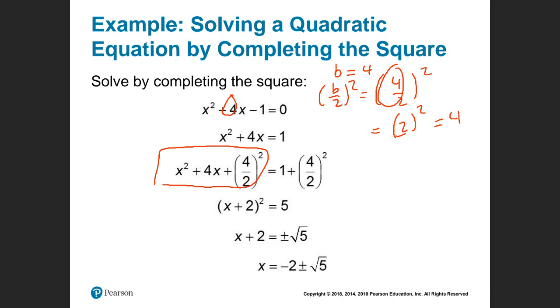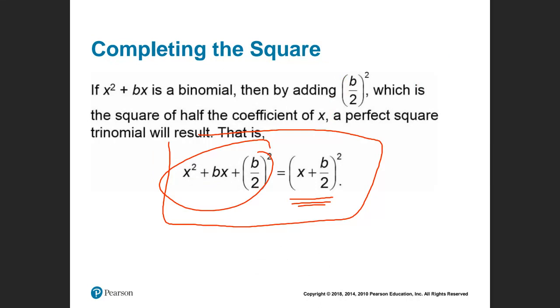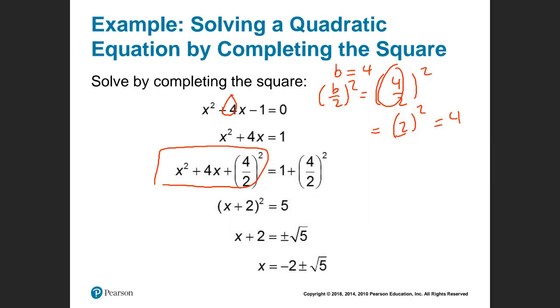From the formula before: x squared plus bx plus b over 2 changes to this one. So the answer becomes x plus 2, parenthesis, squared equals, and we solve the right side.